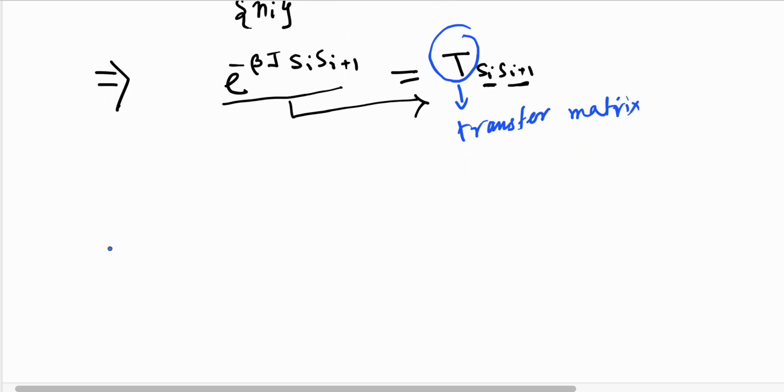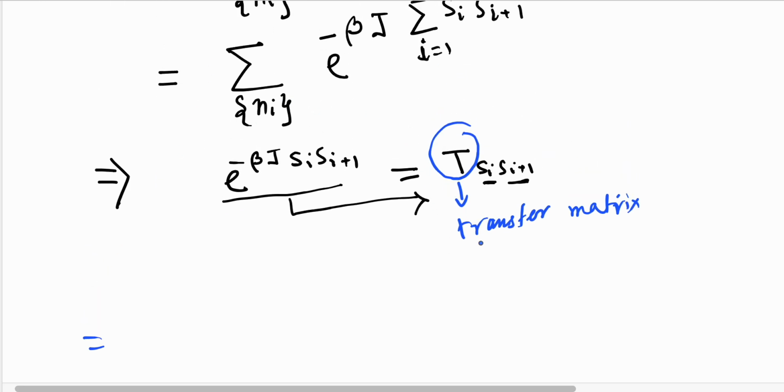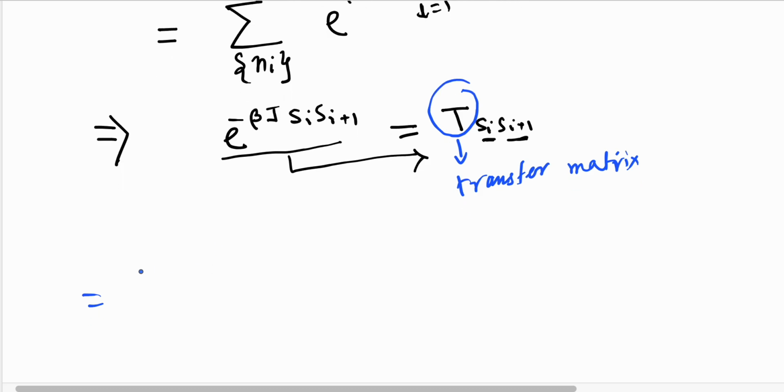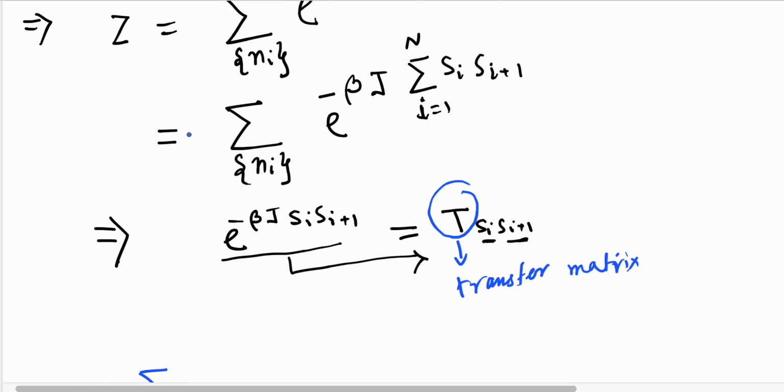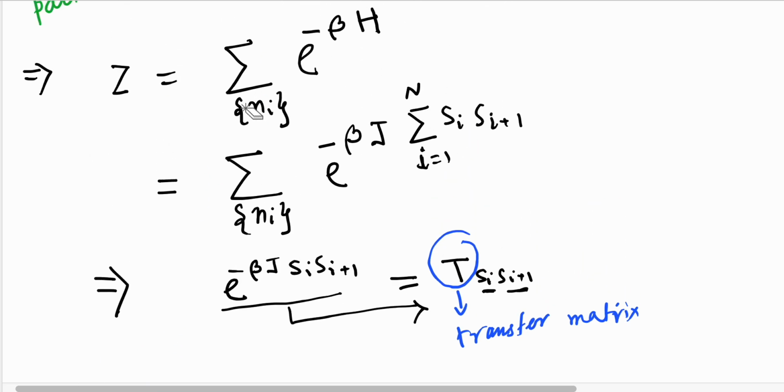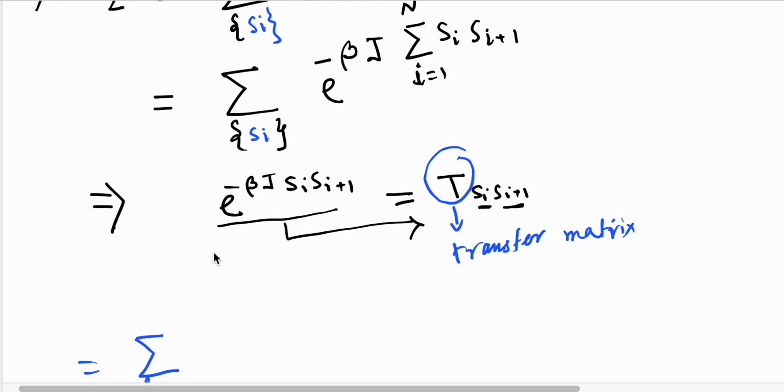Now if you write this summation in terms of the transfer matrix, you will get the summation over all possible combinations of n_i. Actually, in place of n_i this will be S_i, because here the possible combinations of the spins will be there, not the total number of particles.